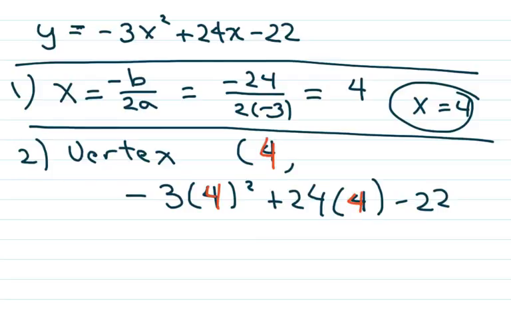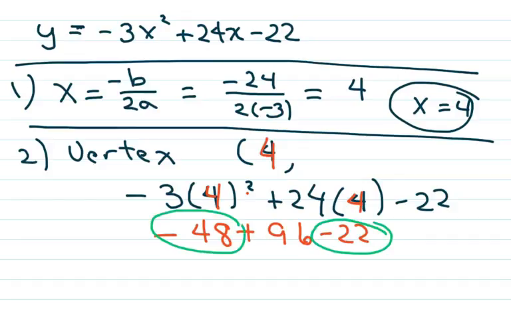So we have 4 squared is 16 times 3 is negative 48 plus 96 minus 22. Now, since I don't have a calculator handy, I'm going to combine those two first. That's going to be negative 70, I hope, plus 96. It makes it easier, so my answer is 26. So it's 4, 26 is my vertex.